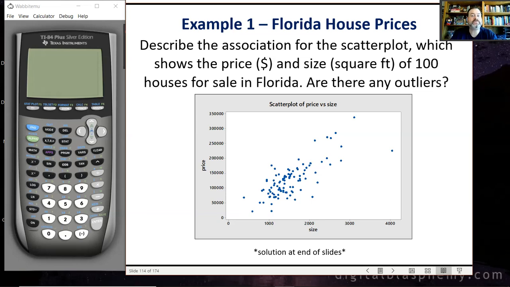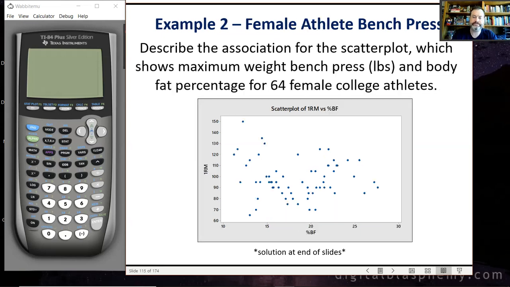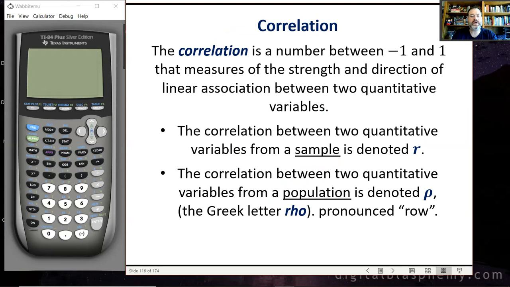Bigger houses do cost more money. There is a correlation in the population. So if we were talking about a population, we would describe it with rho. But when we type the numbers into our calculator or into StatKey, we use R. So just remember that populations have these numbers, even if we don't know what they are.